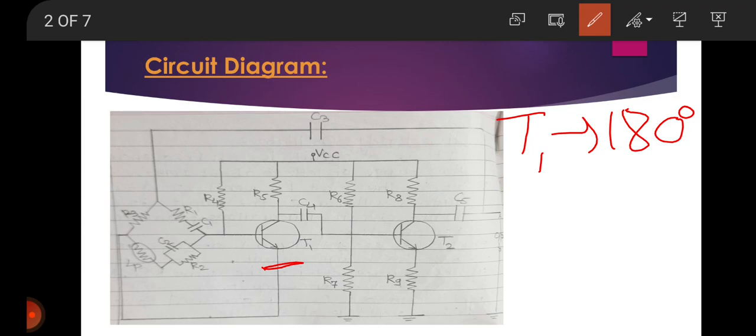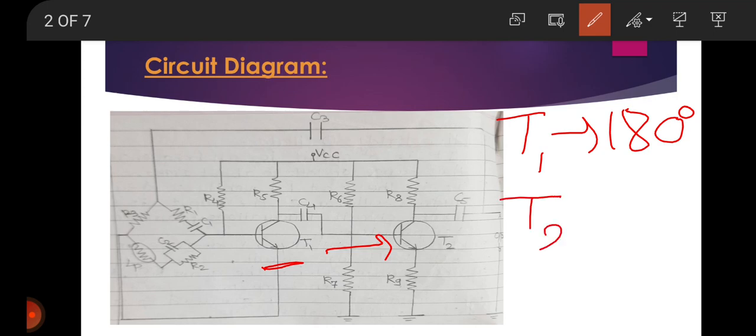Then this is fed as an input to T2, fed back to the input of T2 via this capacitor C4, and gets further amplified and appears with an additional phase shift of 180 degrees.